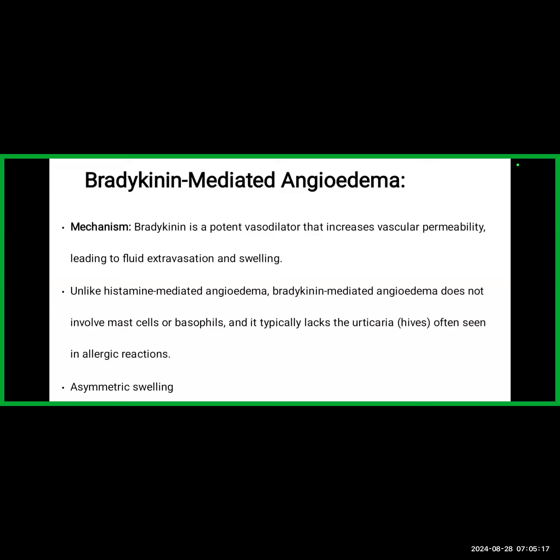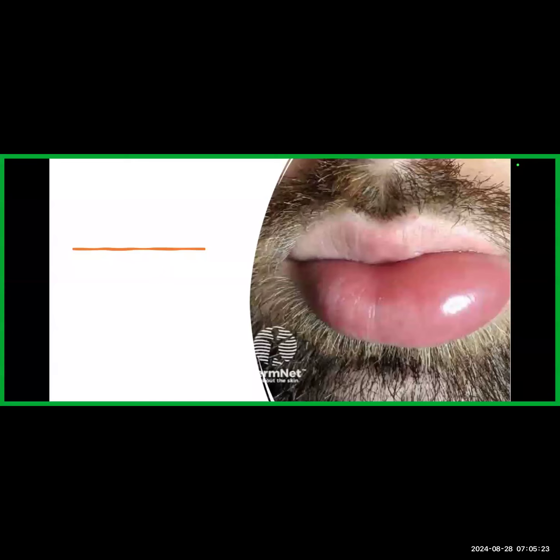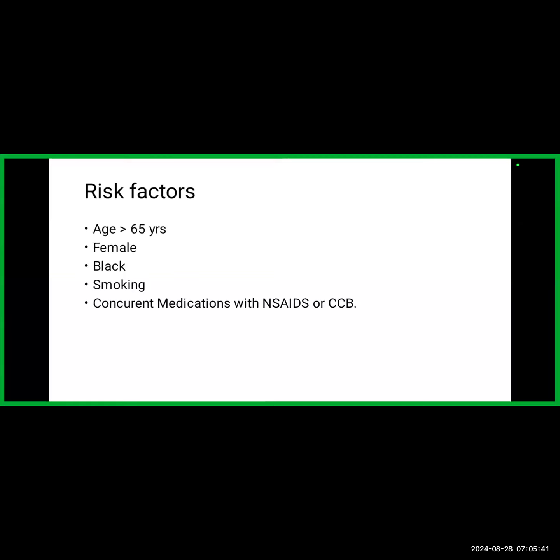Next slide, please. So is this an example? You can see the upper lip is fine and the lower lip is quite swollen. So this is usually bradykinin, and bradykinin is seen usually in ACE inhibitors and ARBs, unlike histamine, which you see with NSAIDs and other allergic reactions.